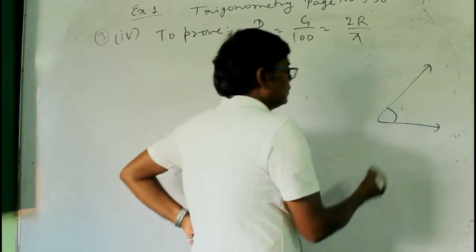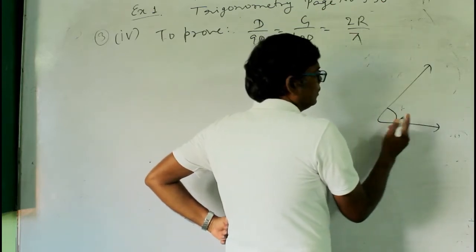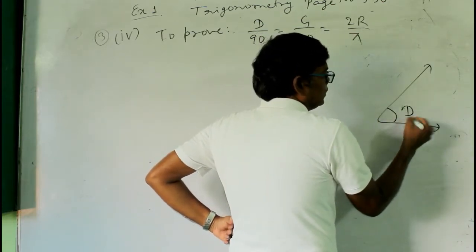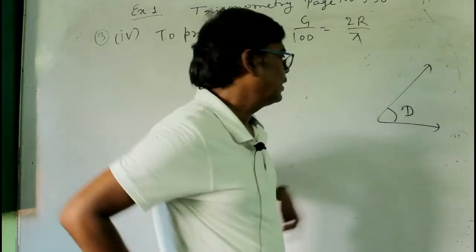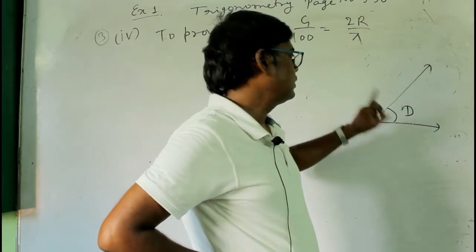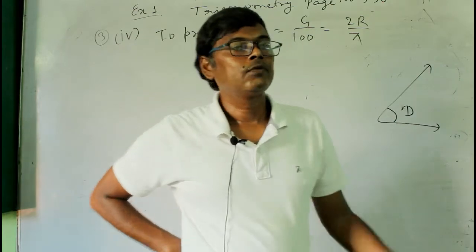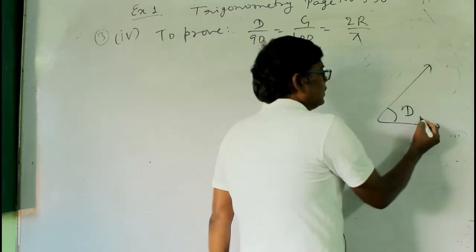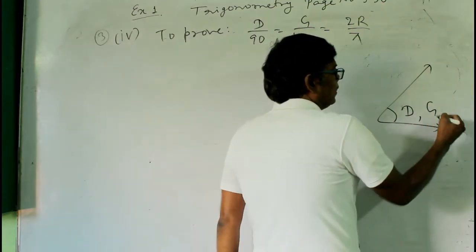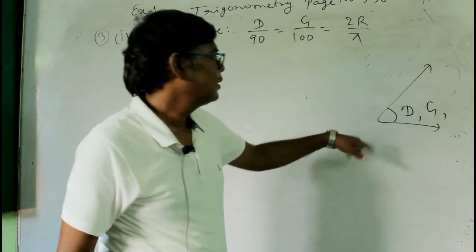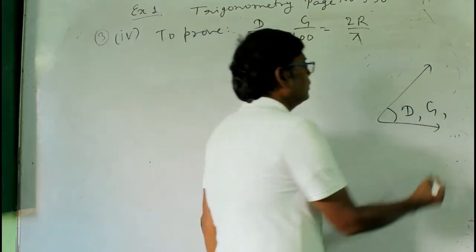So suppose the value of this angle in degree measurement is d degree, the value of the same angle in grade is g grade, and the value of the same angle in radian is r radian.